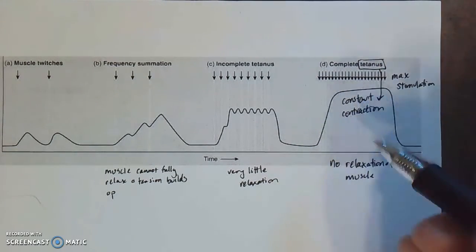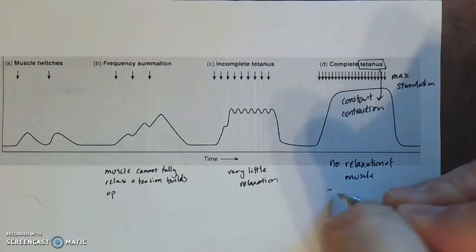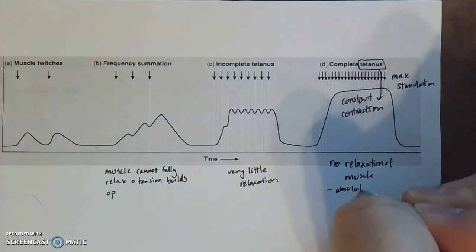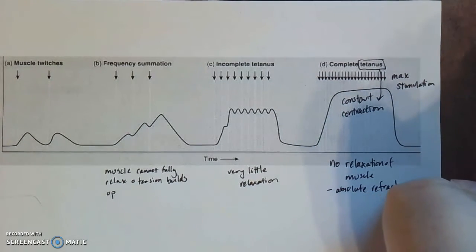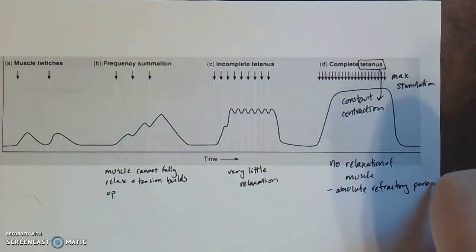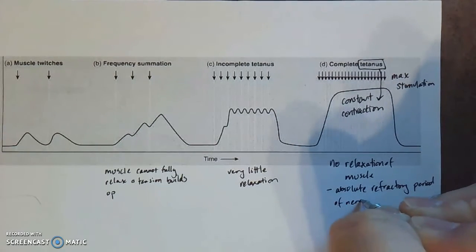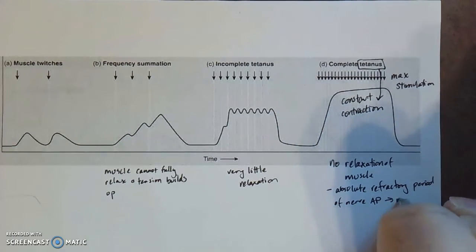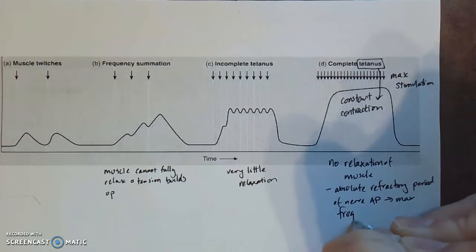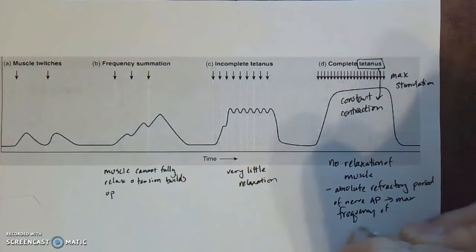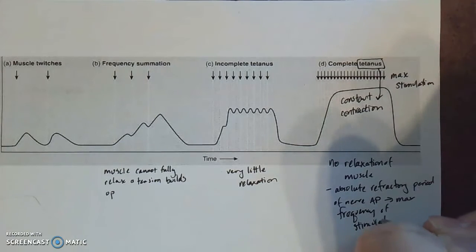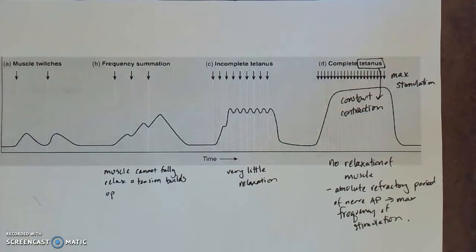And this is complete. So this is due to the absolute refractory period of nerve action potentials, giving us the maximum frequency of stimulation. So the muscle stays contracted for however long those action potentials are being generated at maximum frequency.